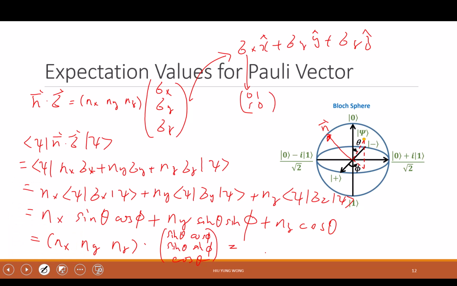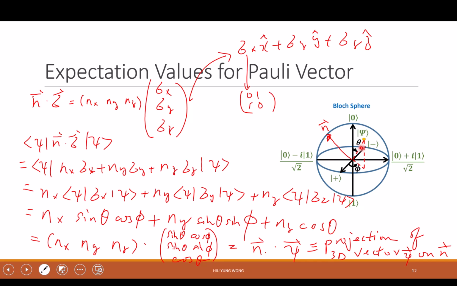The first one is just n itself, right? What is the second one? The second one is just the unit vector of psi, this vector in real 3D space. Okay? I'm not talking about the qubit state. I'm talking about the vector corresponding to the qubit state. And this is just what? The projection of the 3D vector psi on n. Yeah?